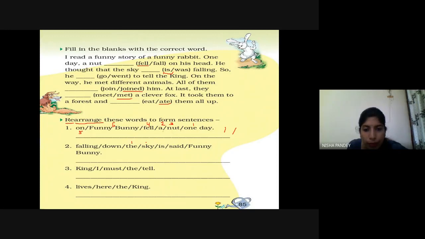The sky is falling down, said Funny Bunny, right? If you will do like this, you will not make any mistake. As per this sequence, you have to arrange them and write them.